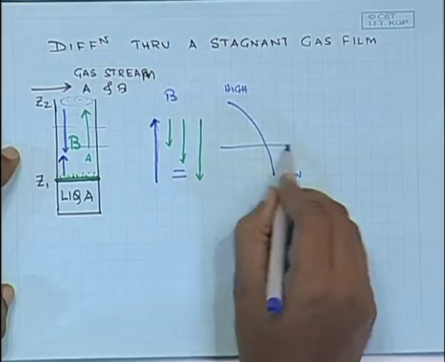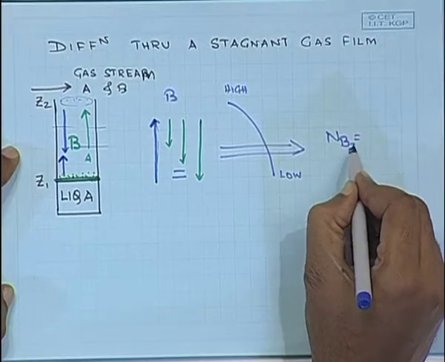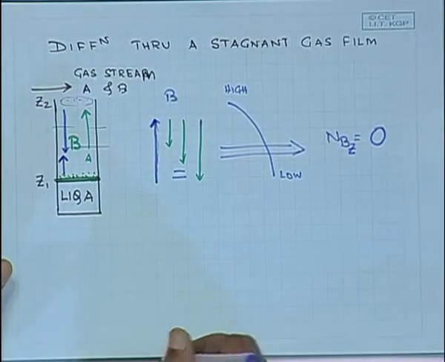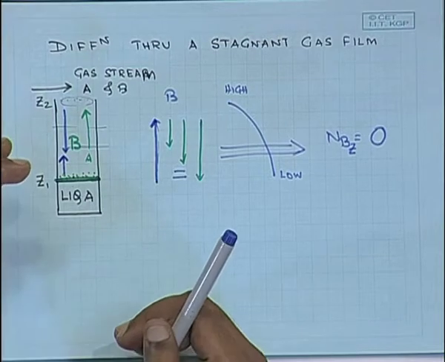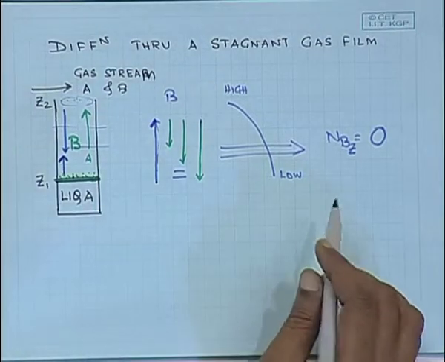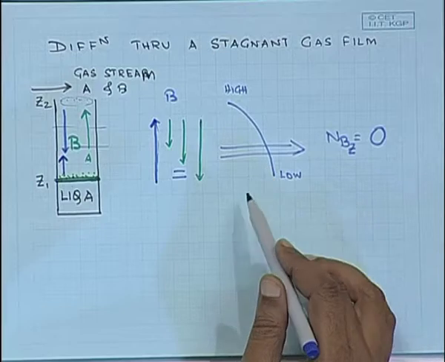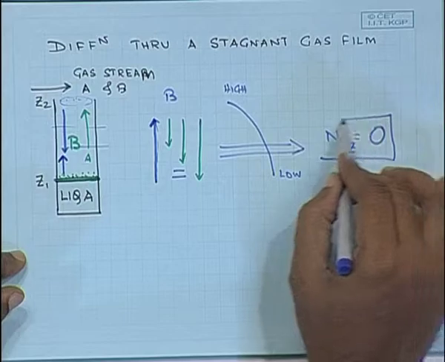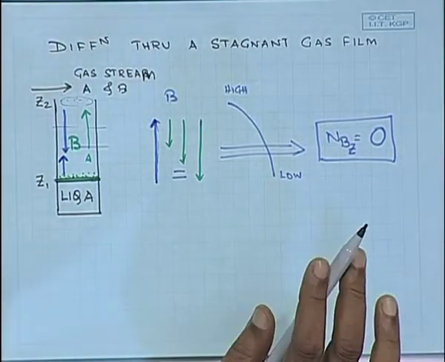So, the end effect of this is NBZ, because it is in the Z direction, will still be equal to 0. So, an examination of the physical system involved would tell you something about the flux of B or the relation between flux of B and flux of A, as we will see later on. But for this specific problem we know that at steady state this condition has to be satisfied. Is it clear? All right.